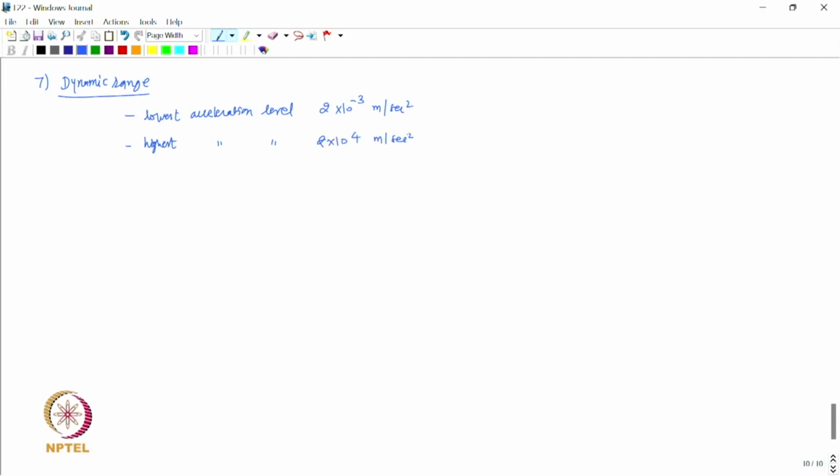Above this level, the response may become non-linear. So, this is the typical value of the highest acceleration level that can be measured using a piezoelectric accelerometer. This corresponds to a dynamic range of around 140 decibels, which is a pretty high dynamic range.